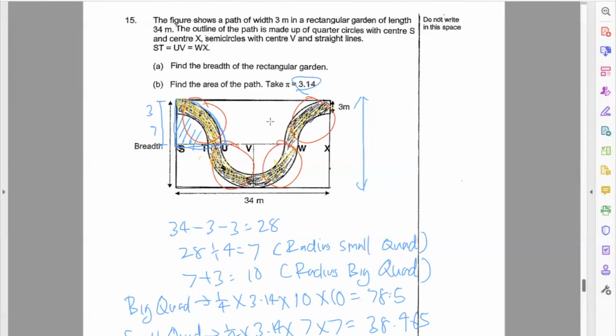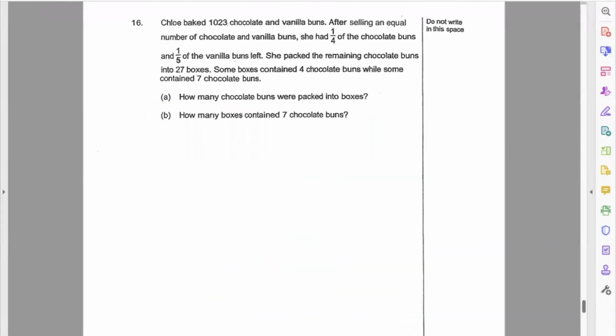Let's look at question number 16. Okay, let's continue with question number 16. So Chloe baked 1,023 chocolate and vanilla buns.